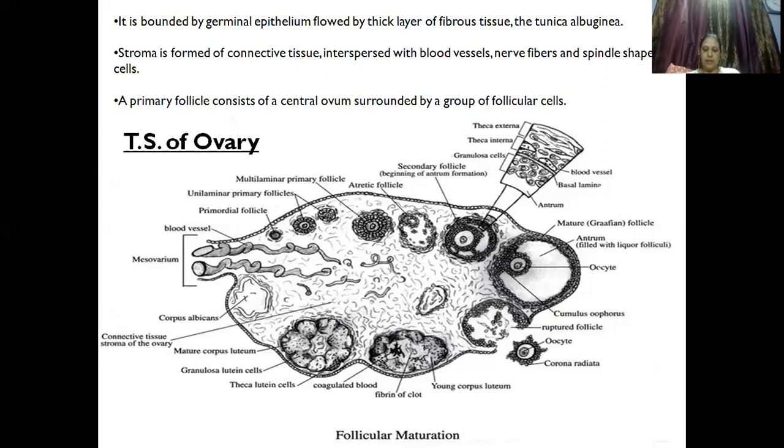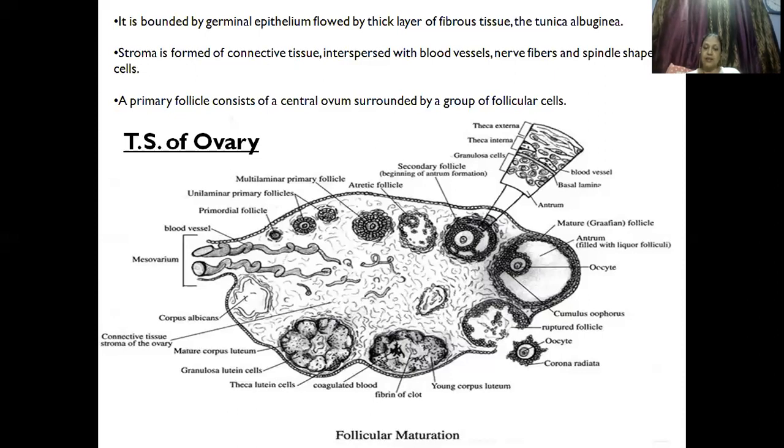Now in this, you would find the primary oocyte starts its meiotic division but gets arrested at meiosis 1. This entire structure would be explained further in the process of oogenesis.